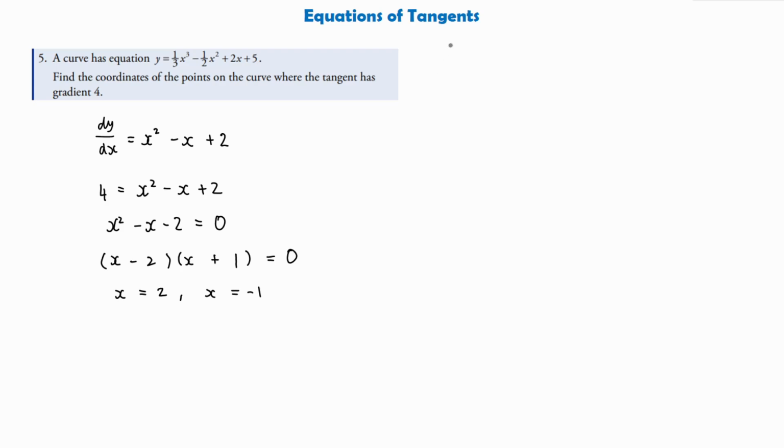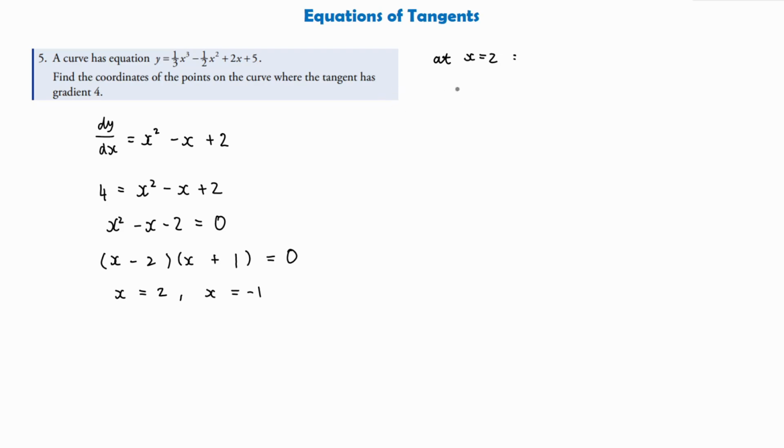So we would say, let's do at x equals 2. Now I know I did say that a tangent only touches a curve once. Well, that is correct, but it looks like in this case we have 2 tangents. Or the tangent has gradient 4 at 2 different places, we should say.